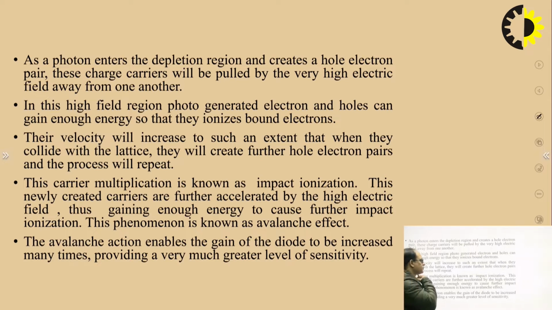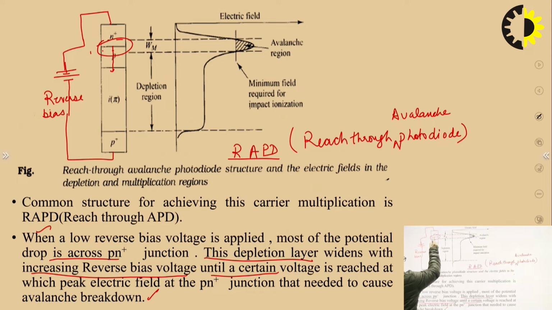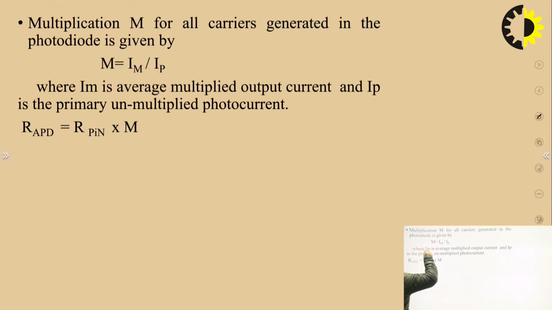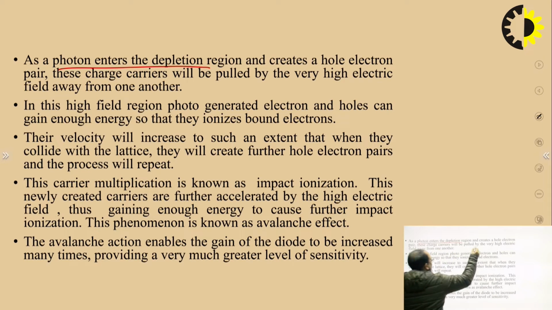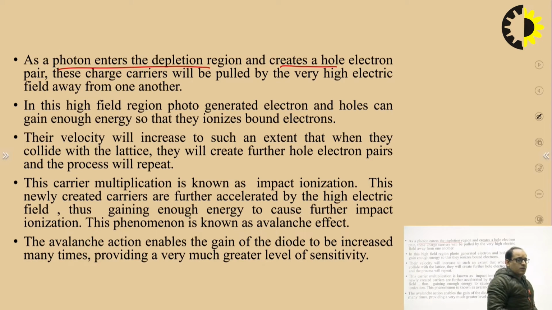Now see this one. As a photon enters the depletion region, it creates an electron hole pair, and this charge carrier is pulled up by the high electric field.